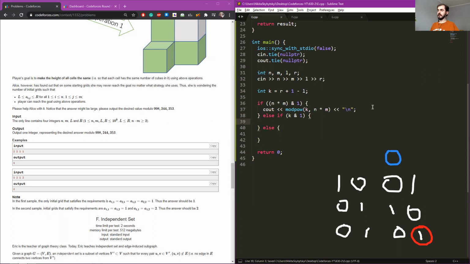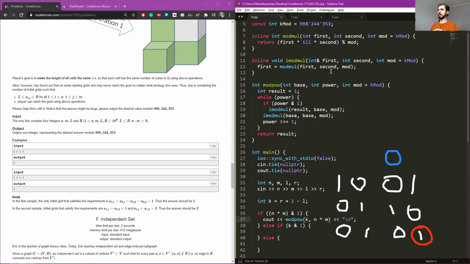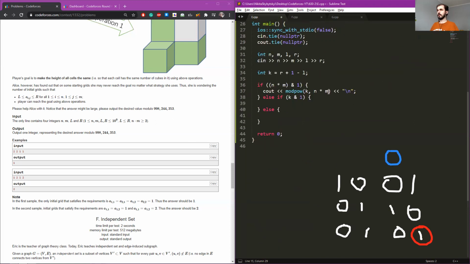Else, n times m is even, and k is odd. I think that it's impossible. No, not k, okay. It's impossible when the number of set things is, by the way, mod. Oh, you can't actually mod multiply. Power can be in 64T. Here you have, okay.